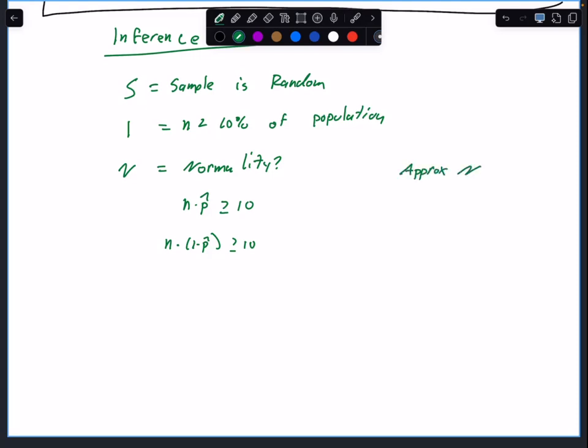We'll say that if these are true, then our sampling distribution is approximately normal, with the mean being p hat, and the standard error, which is the standard deviation, and again, sometimes we call it one way or the other, is the square root of p hat, 1 minus p hat, over n.